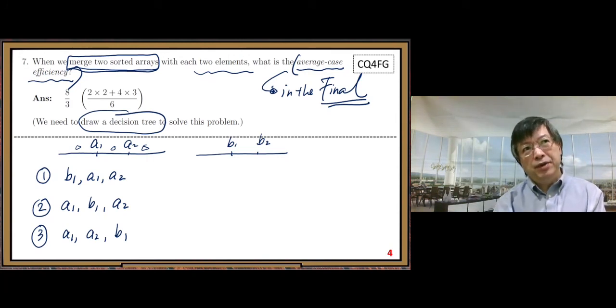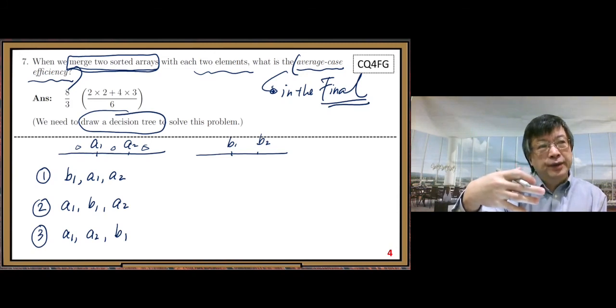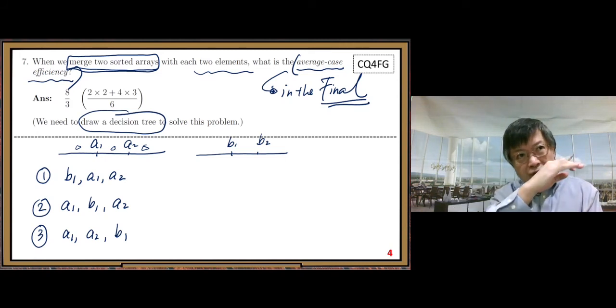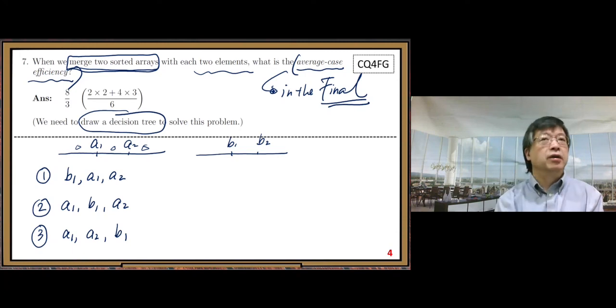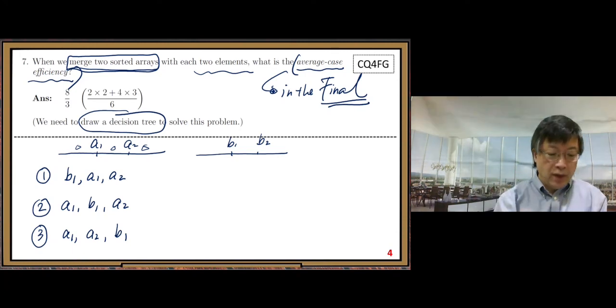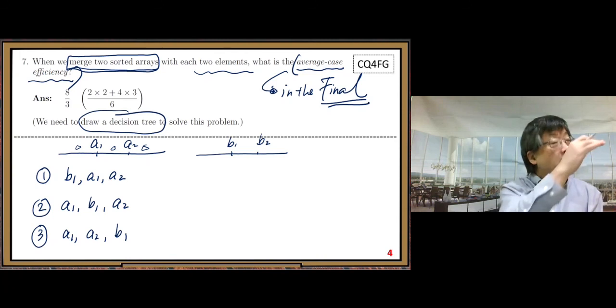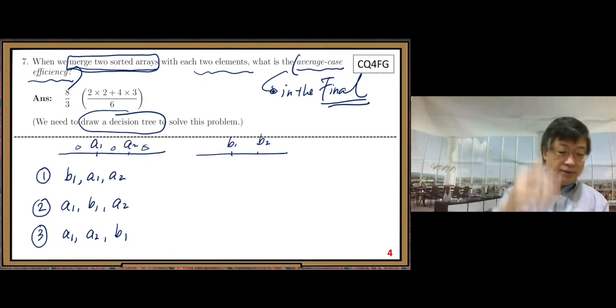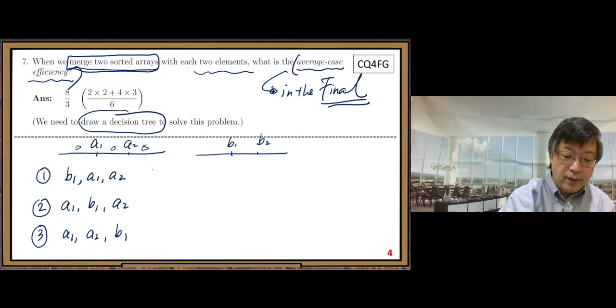If in this step you factor in B2, it could make the discussion very complicated. So in order to make the first step easier, we do not consider B2. All right, the next step, subcases. Then we factor in B2.